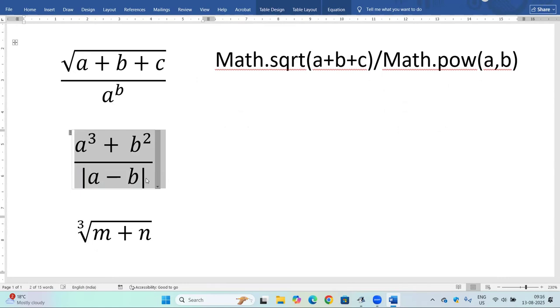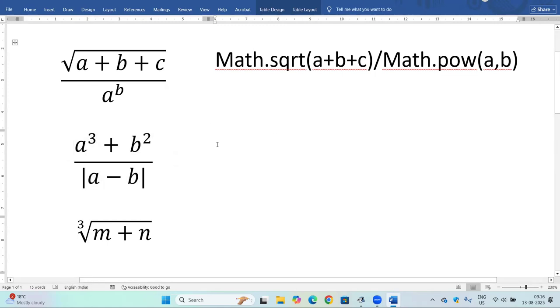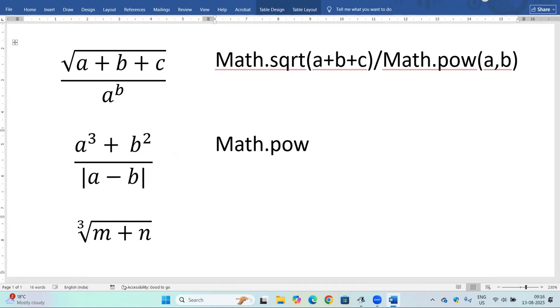Okay, so first it is math.pow of a to the power of 3. We have to write a comma 3. Close the bracket. Plus, again math.pow b comma 2.